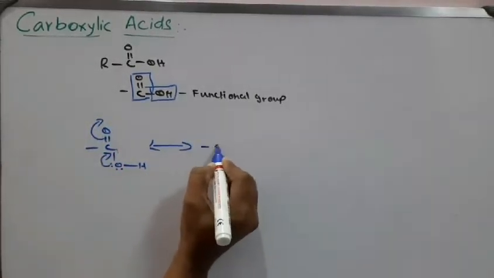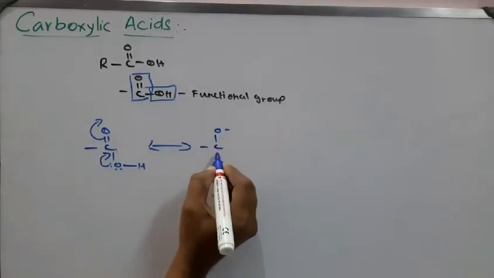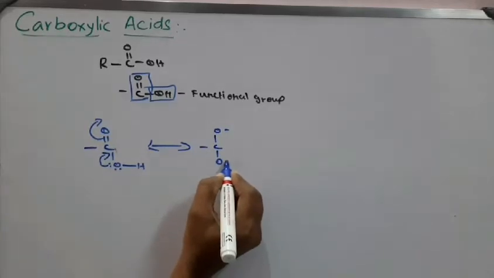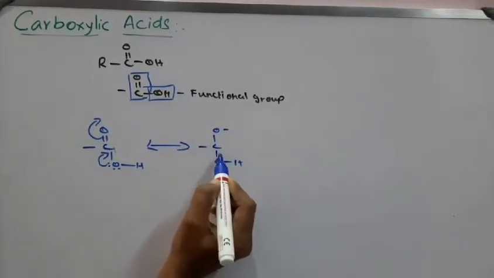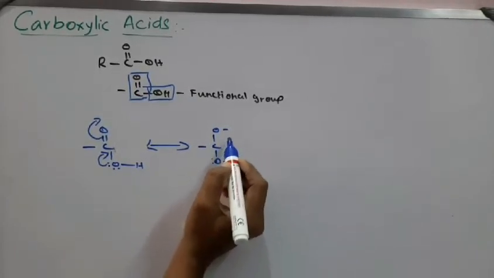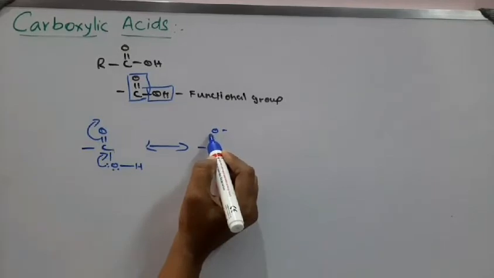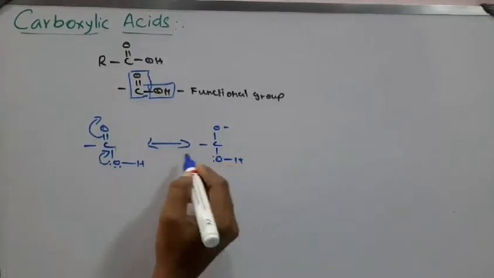So easily it forms C O minus and O H. Here one pi bond is shifting. That is the resonance structure.